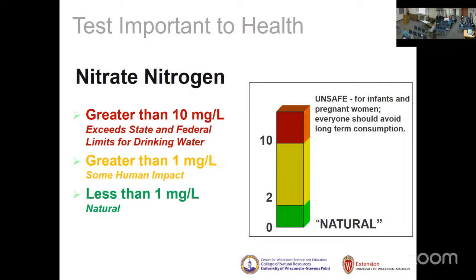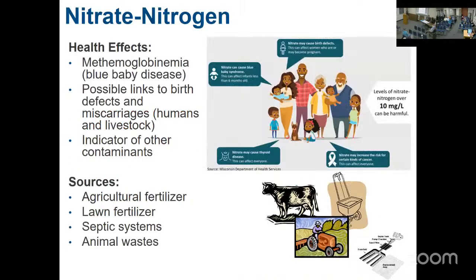Nitrate is also a great indicator of land use impact. So levels less than 1 are kind of considered background or natural levels of nitrate in Wisconsin's groundwater. Those are levels that we would expect to find if humans weren't farming, if humans didn't have septic system drain fields. These are the levels less than 1 that we would expect to find if we weren't here.